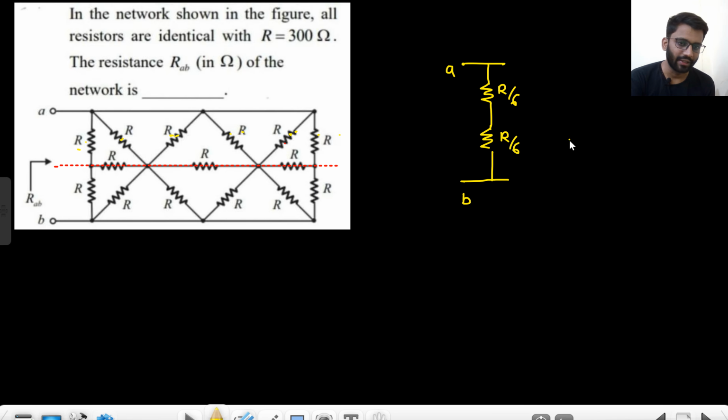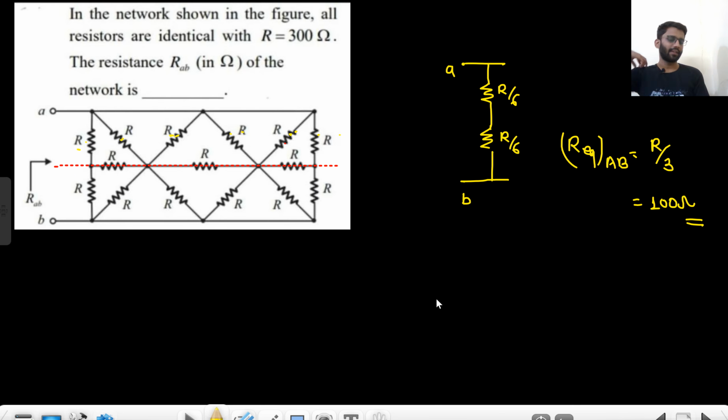So between A and B, R equivalent will be R by 3. So R value is 300, and our answer will be 100 ohm. Got it? We applied the concept of symmetry here. So this R and everything goes to 0, that means R by 6 and R by 6, so it is R by 3. So your R equivalent is 100.